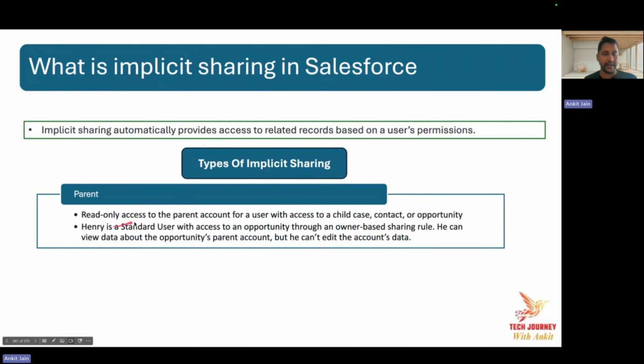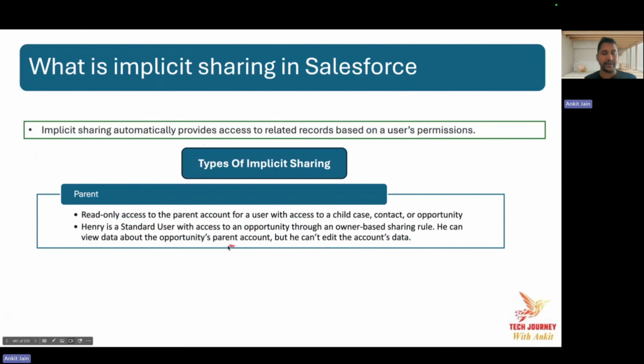So for example, Henry is a standard user and he has access to the opportunity, let's say through an owner based sharing rule. Okay, so you have written the owner based sharing rule, and because of that, Henry is getting access to the opportunity. But this opportunity is related to the parent. As you know, whenever you are creating the opportunity, you can link the opportunity with the parent.